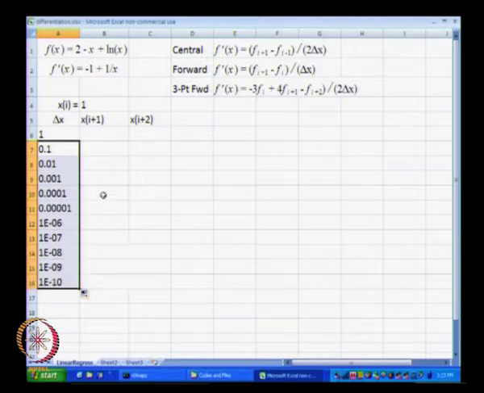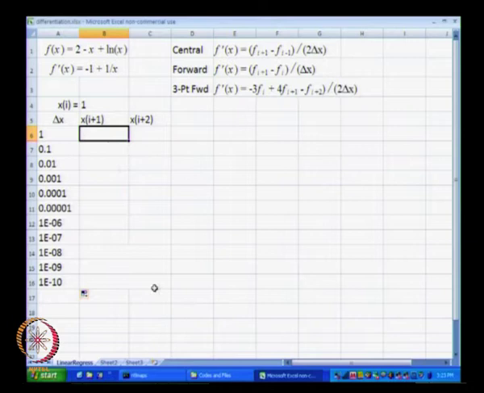For various values of delta x we will have x of i plus 1 and x of i minus 1 as well.